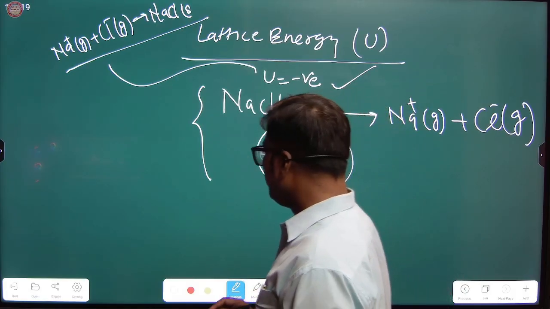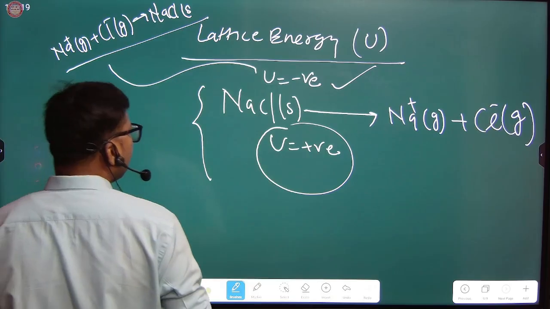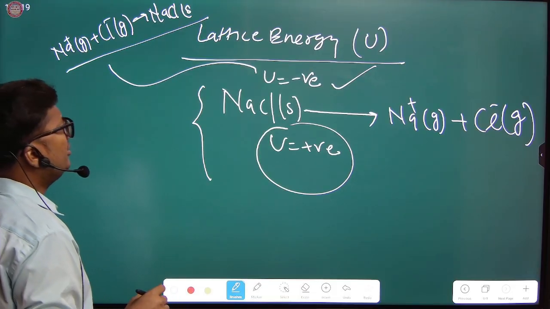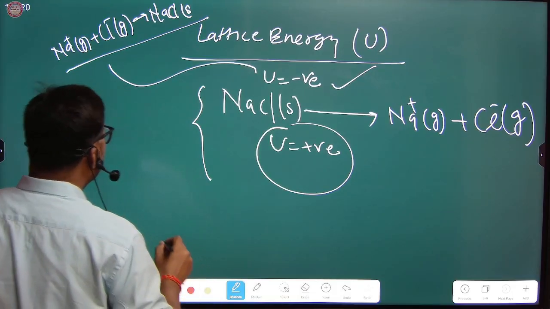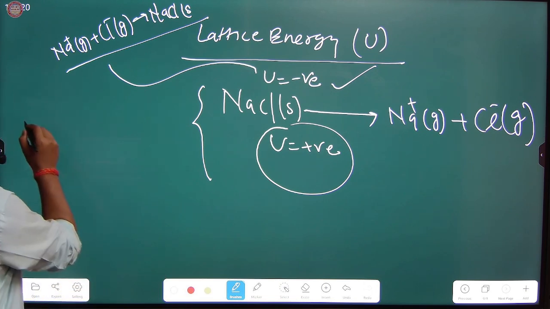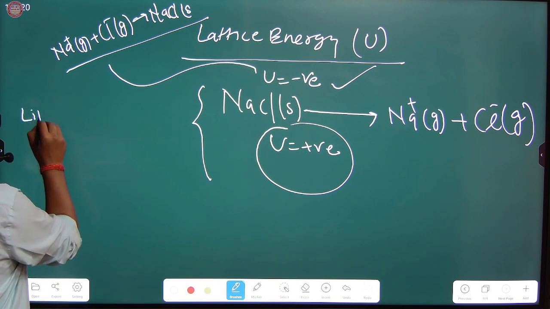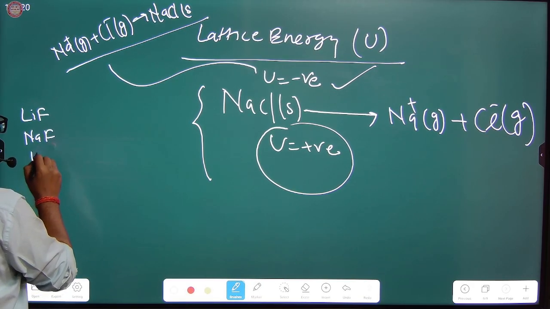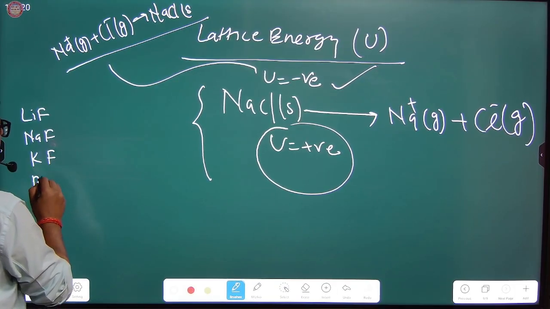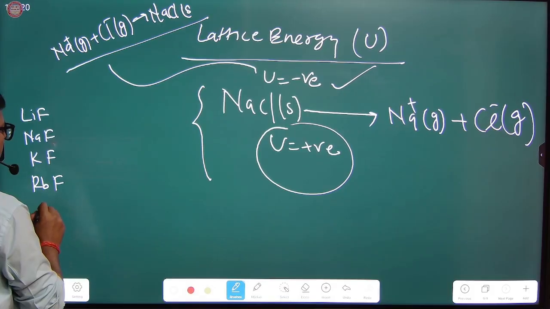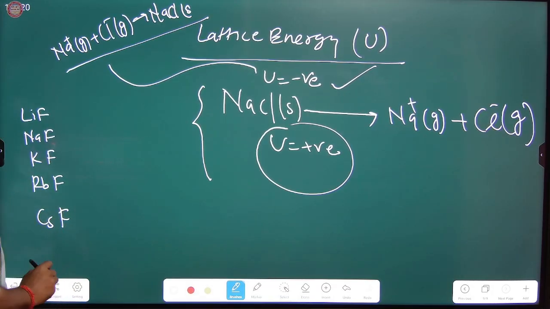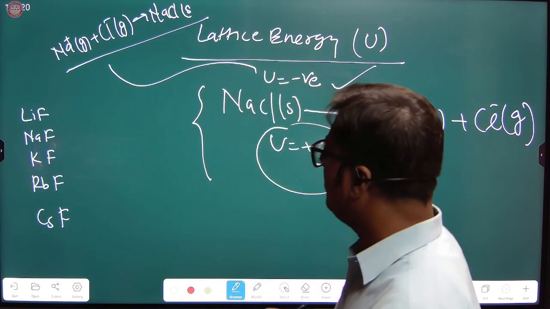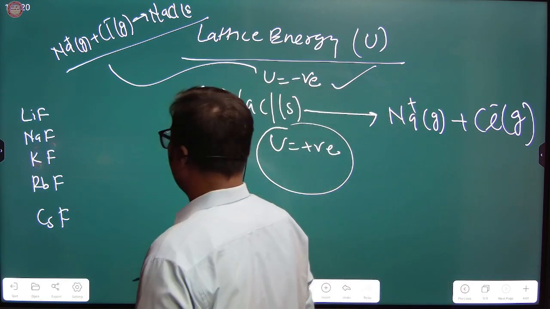Now consider the lattice energy for the alkali metals. Suppose we have LiF, NaF, KF, RbF, and CsF. Here the anion is fixed and the cation is varied across the alkali metal cations.